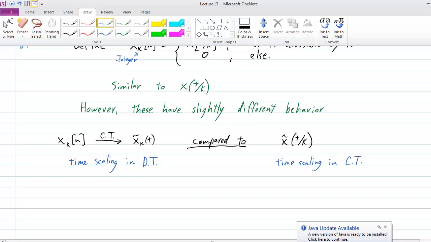Okay, that's the synthesis expression for the Fourier series.